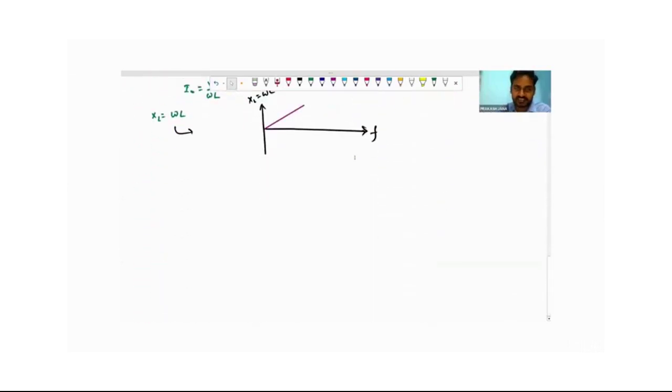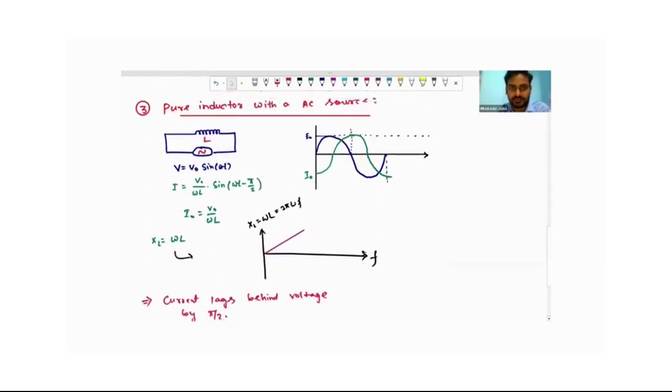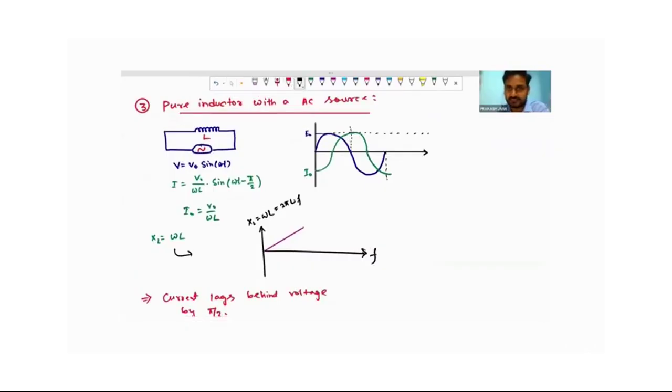So this was all about the current, phasor diagram, and phase difference. Also, we can comment here that current lags behind voltage by pi by 2. Here also we have to draw the phasor diagram. This represents when t equals 0.